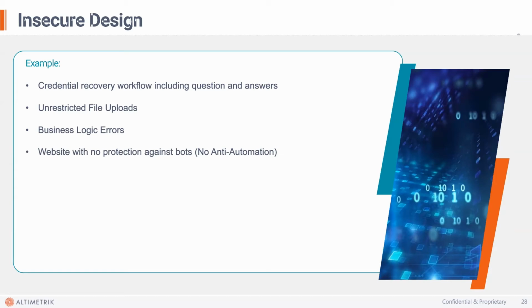That's something I mentioned earlier, wherein an attacker can upload file types that aren't meant to be uploaded. Sometimes they'll be able to upload specific files that have malicious code that can manipulate the backend server-side code. Things like that, business logic errors, and a website with no protection against bots, so no anti-automation.